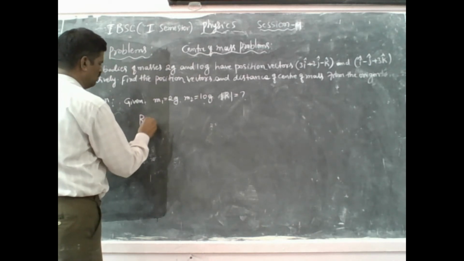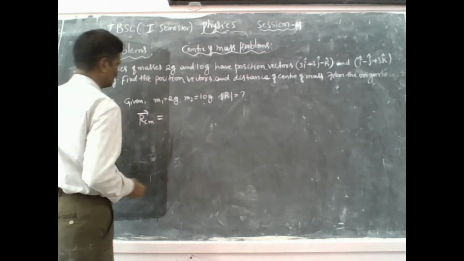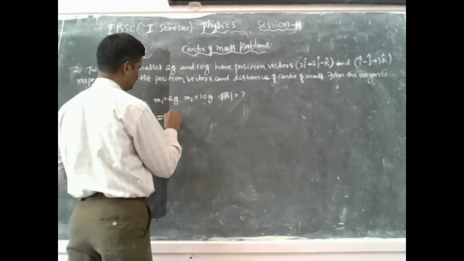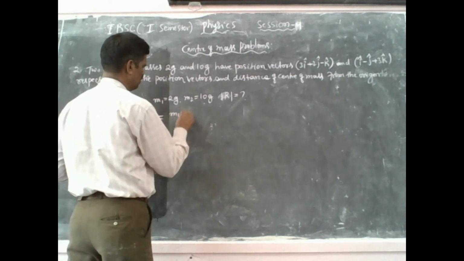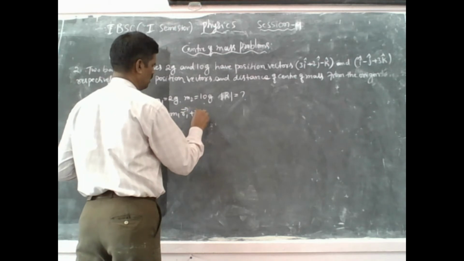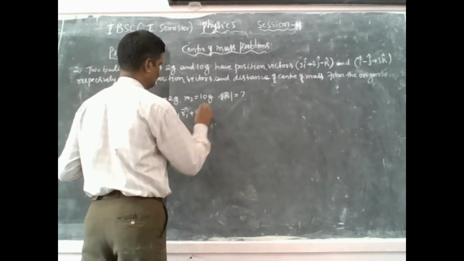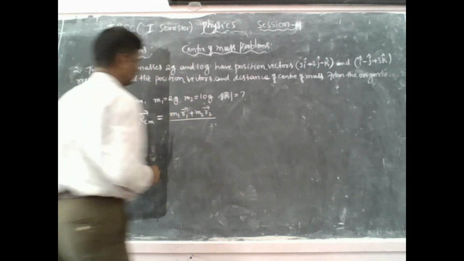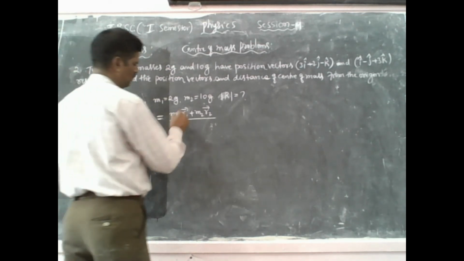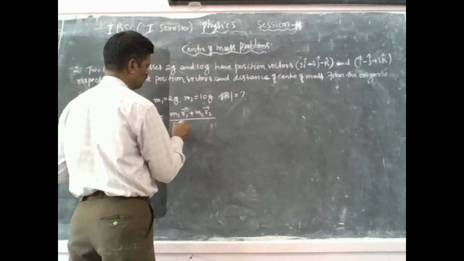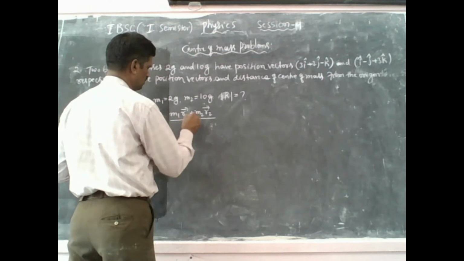Now, what is the position vector of the center of mass? R_CM equals m1 r1 plus m2 r2. There are two particles, therefore we have to set only two particles.